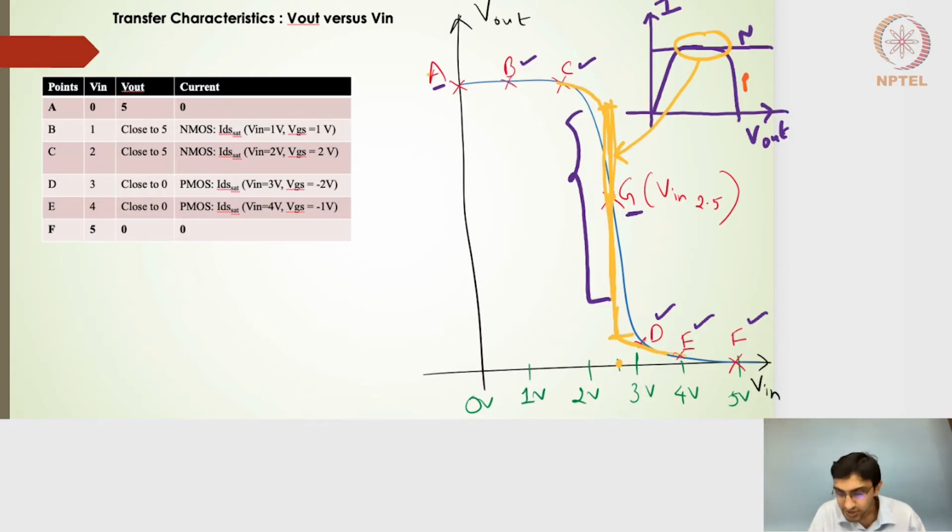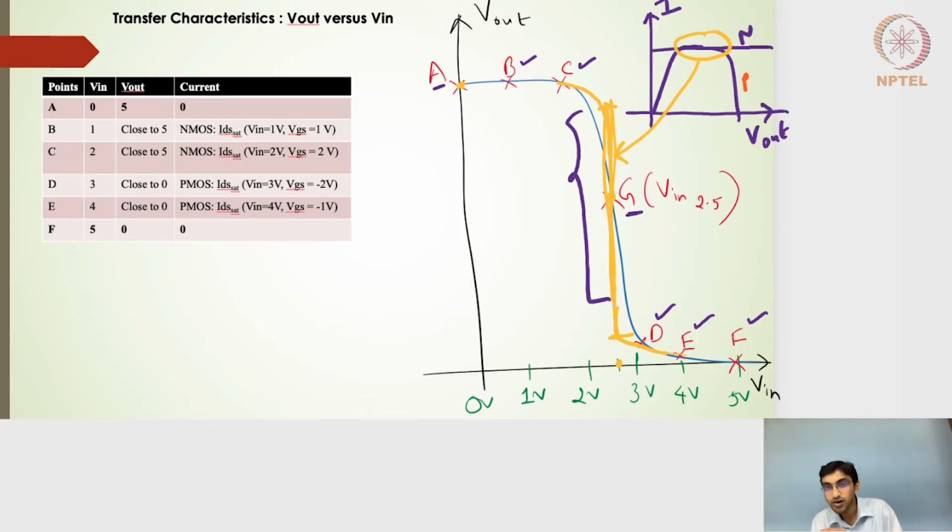Just to summarize the points A, B, C, and D, E, F: if you remember point A from the previous lecture, you will notice that point A was on the extreme side of the IV characteristics. The point A was actually touching the x-axis line.